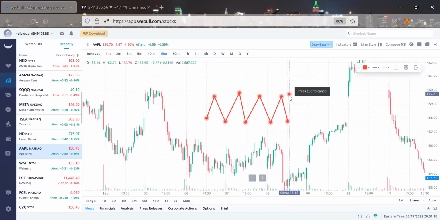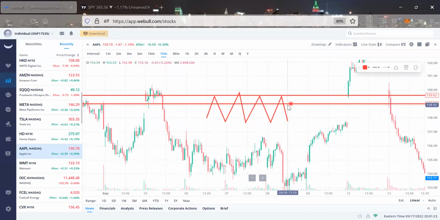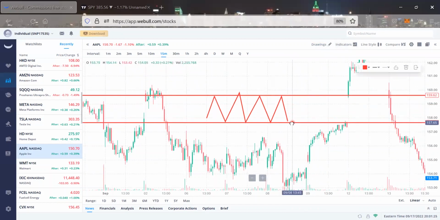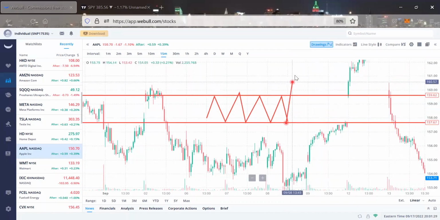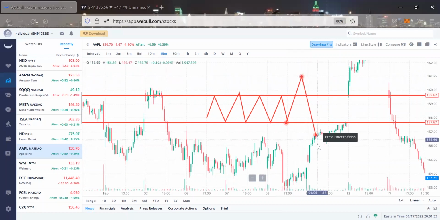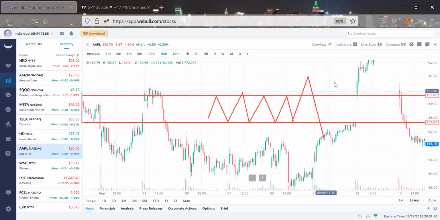Let's say, for example, we have a resistance here and we have a support here. Basically, it's just a transfer of money to weaker hands. What do I mean by that? The market comes right here, breaks structure, and once you see that, people are like, "Oh, we're taking calls." Nope, we're not. We're going down, and boom, there's a certain liquidity, which I went over in my other video.